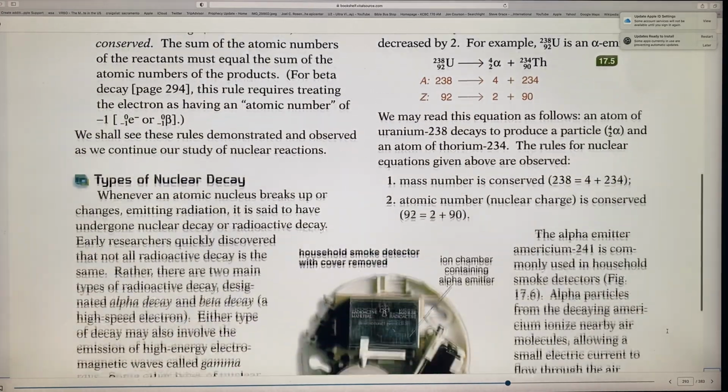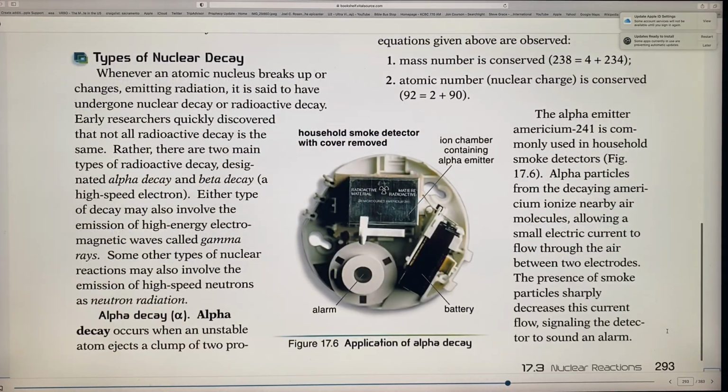So now we're going to see the types of nuclear decay. These are pretty amazing because they're practical, and you're going to see what harm radiation can do. Whenever an atomic nucleus breaks up or changes, it emits radiation, and it's said to undergo nuclear decay or radioactive decay.